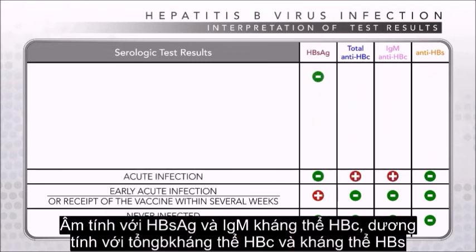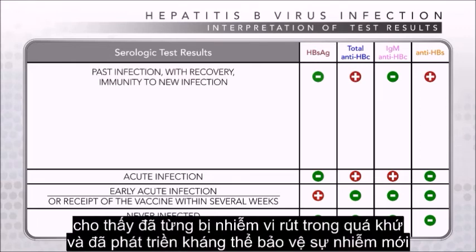Negative HBsAg and IgM anti-HBc with positive total anti-HBc and anti-HBs indicates past infection with recovery and immunity to new infection.